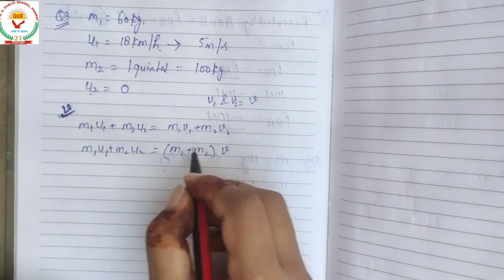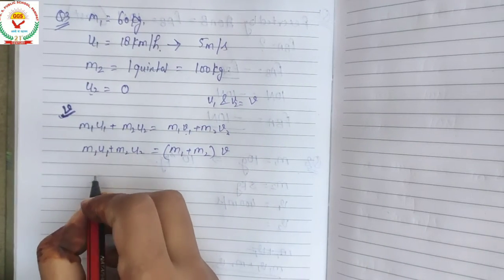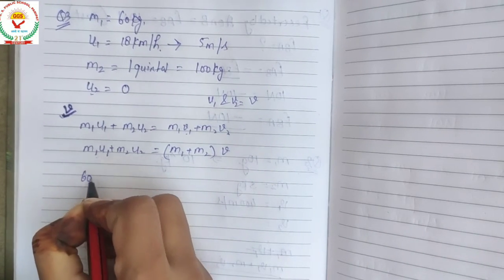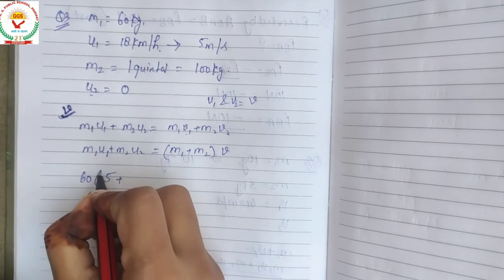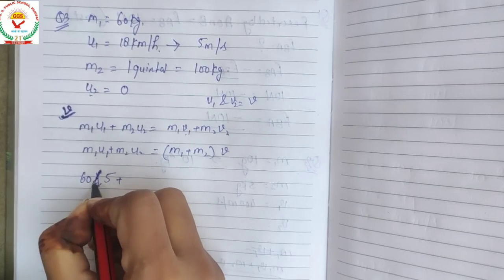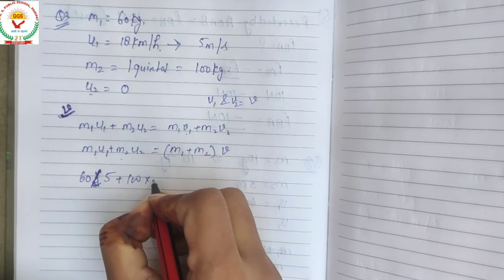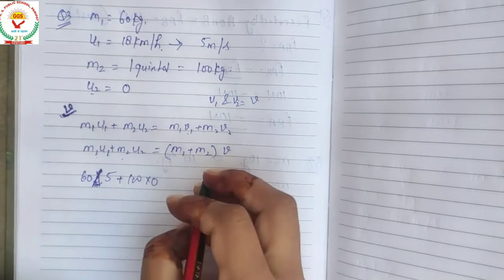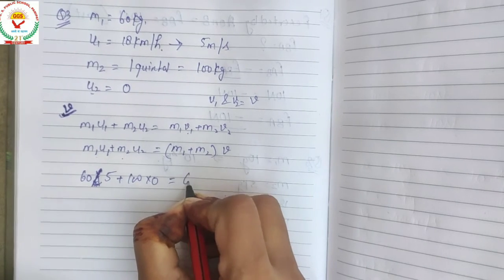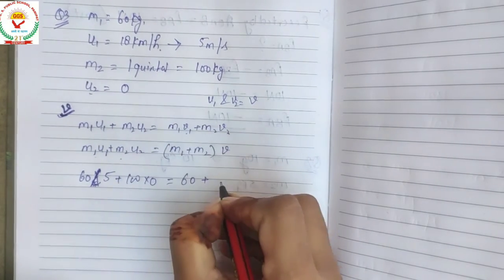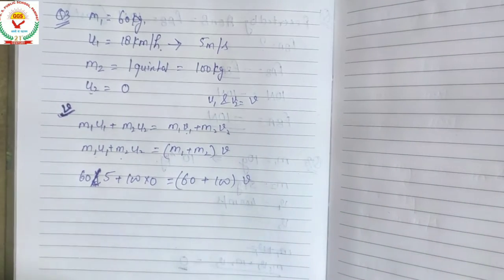Now putting the values, M1 is 60, U1 is 5, multiply, plus M2 is 100, U2 is 0, equals to M1 is the same 60 plus M2 is 100 and the velocity we have to find out.